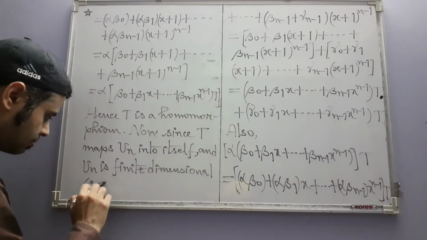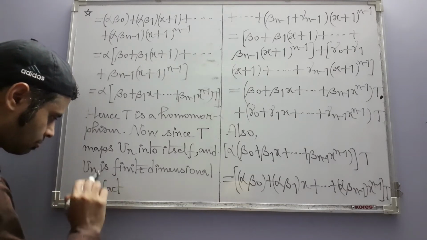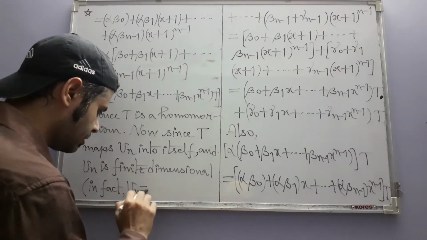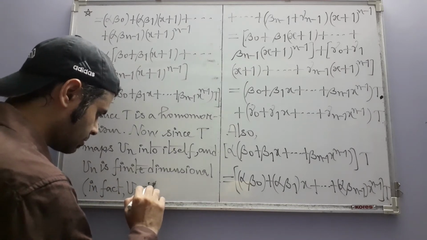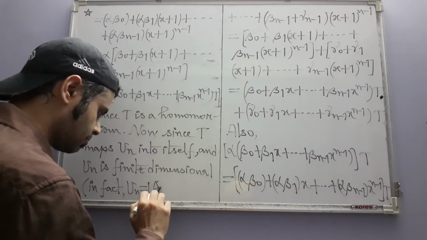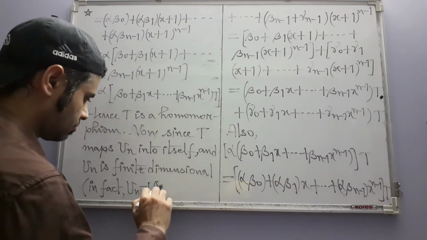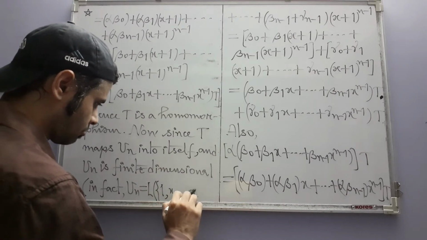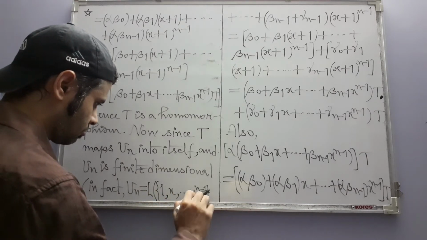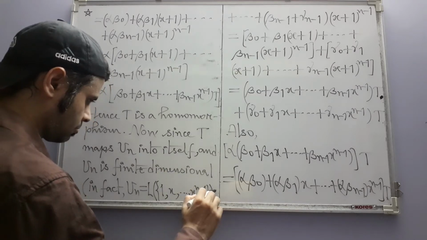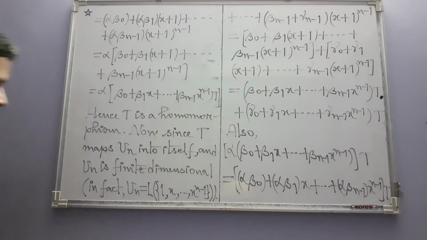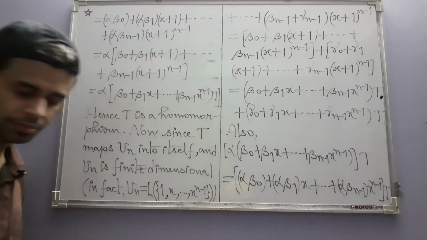In fact, Un is the linear span of these vectors. Why am I putting full stop?